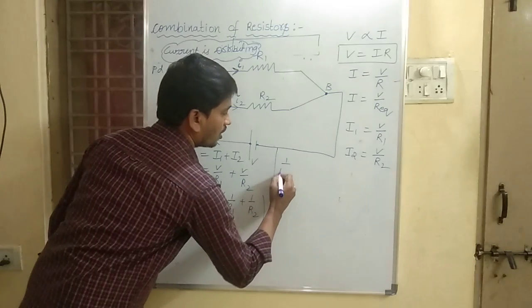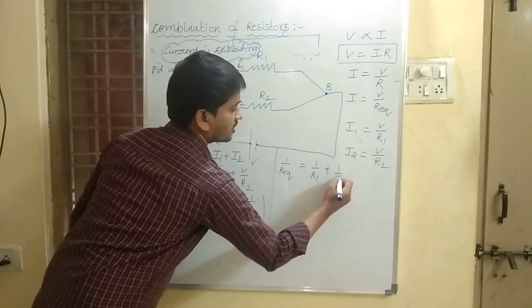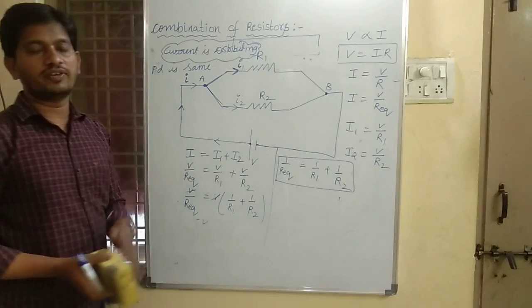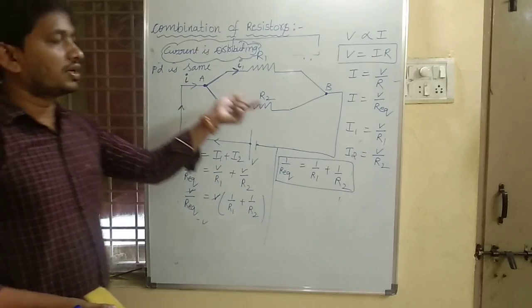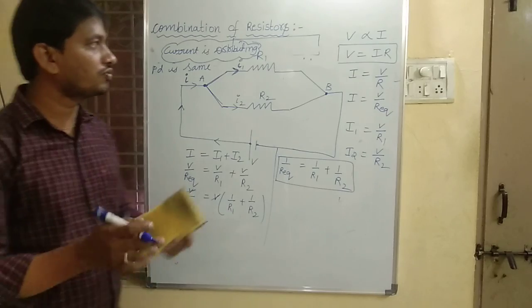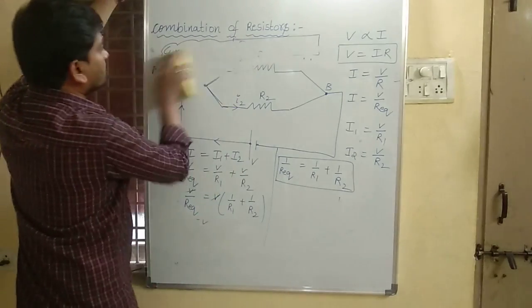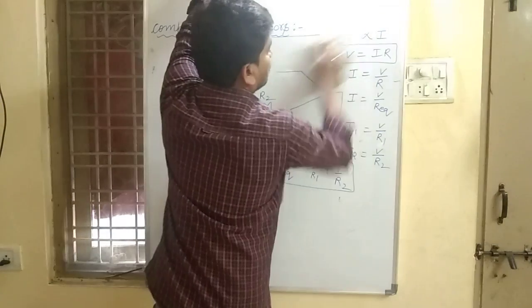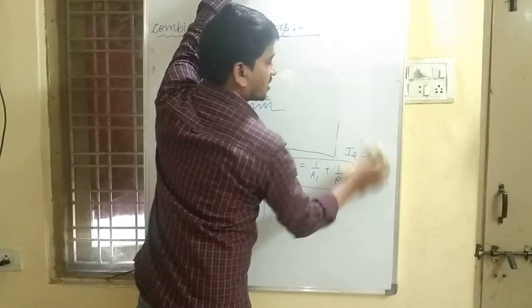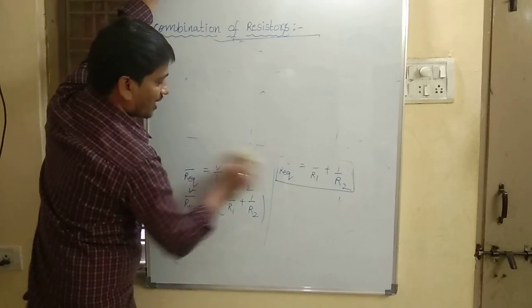So I got 1 by R equivalent equal to 1 by R1 plus 1 by R2. This is the derivation for resistors connected in parallel. So we have discussed two formulas: the first when resistors are connected in series, and the second when resistors are connected in parallel.